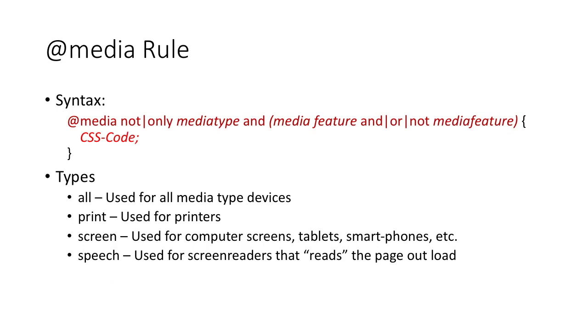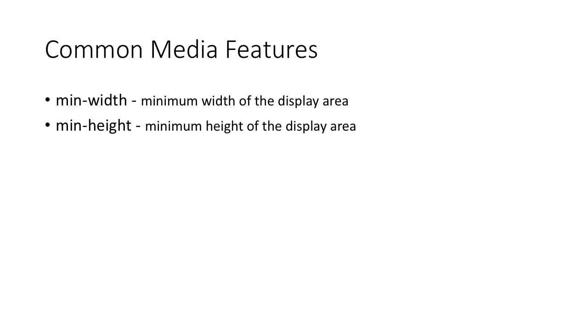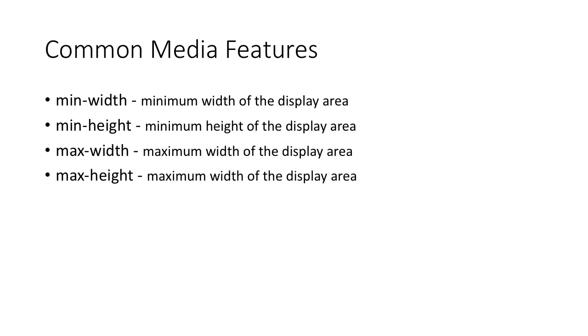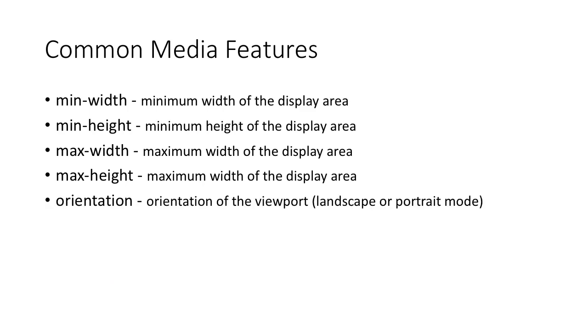So you can specify different settings. I think it probably lets you change the order of how things get read on the page if you were to use the speech type. So you have min width, min height, max width, max height, and you use that in conjunction with the and or type of rules. Pretty much self-explanatory.